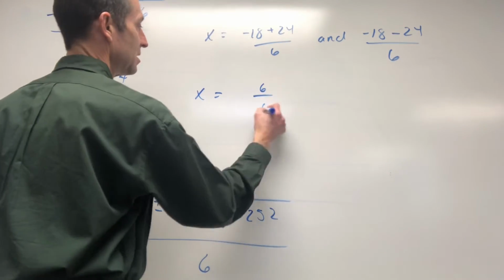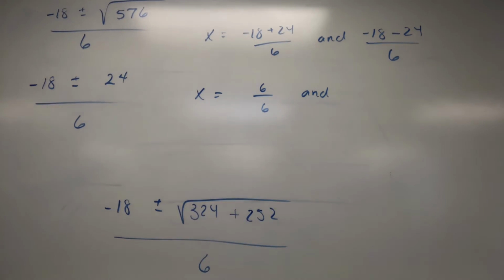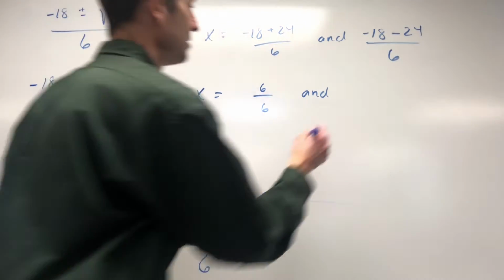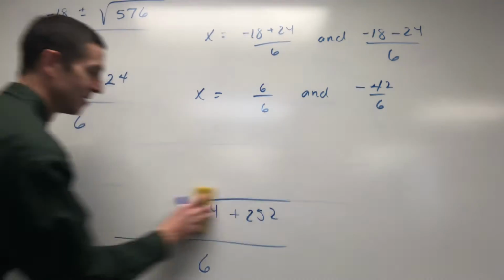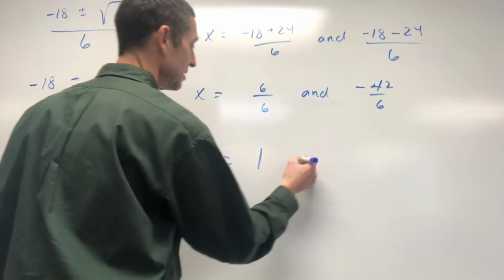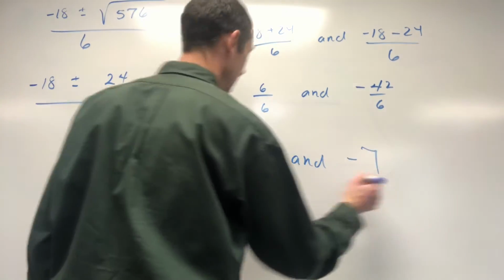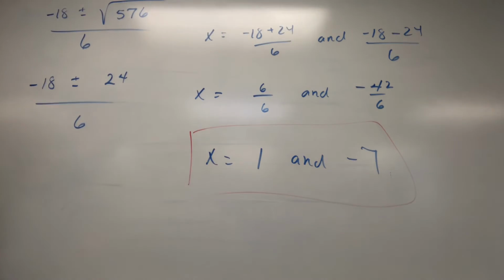What's this going to be? 6 over 6. And what is that? Negative 18 and negative, was that 42? I think so. Negative 42 over 6. So x is equal to 6 divided by 6, that's 1, and negative 7. Boom, kaboom. Solving by quadratic formula. There we go.